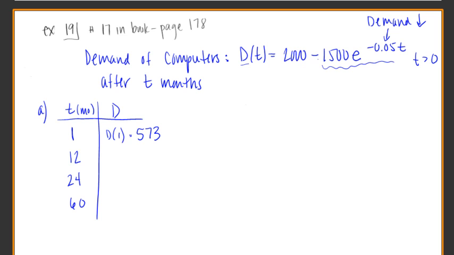Then for 1 year later, so for 12, D of 12, I get the demand to be about 1,177. I'm rounding a little bit.